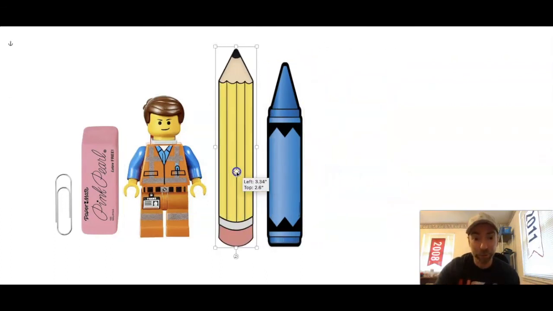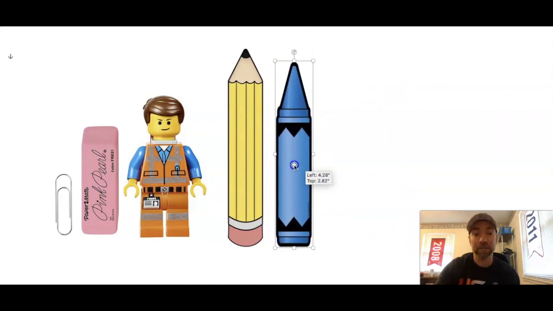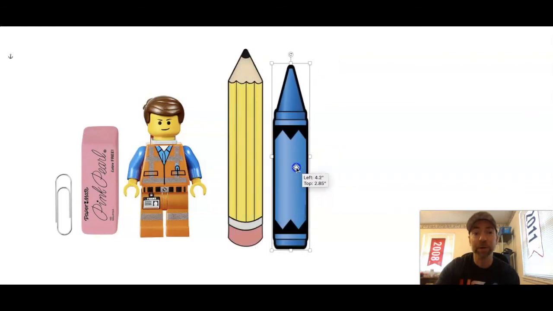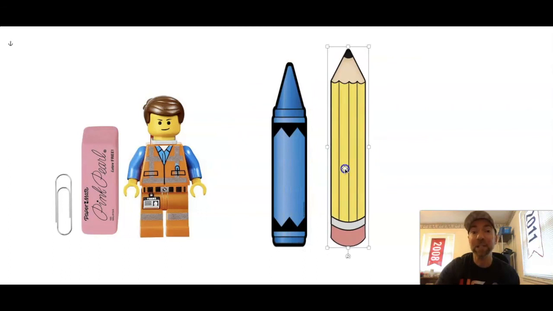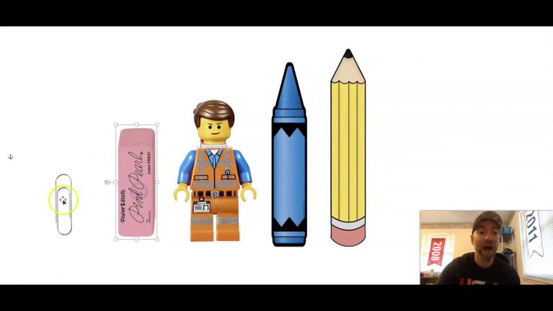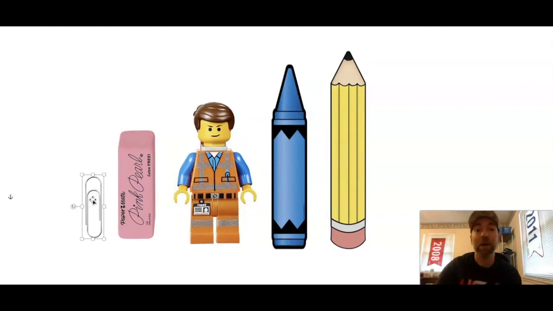Now I have 2 objects left. And it looks like the crayon is just a little bit shorter than the pencil. The pencil is longer. So now I have taken my 5 objects and I put them in order from the shortest to the longest.